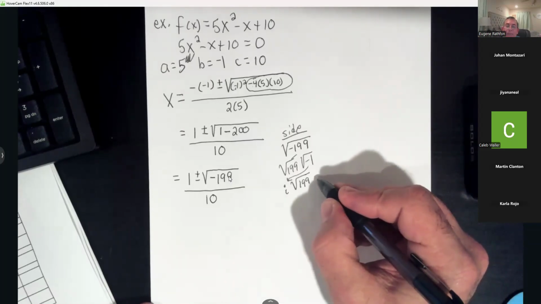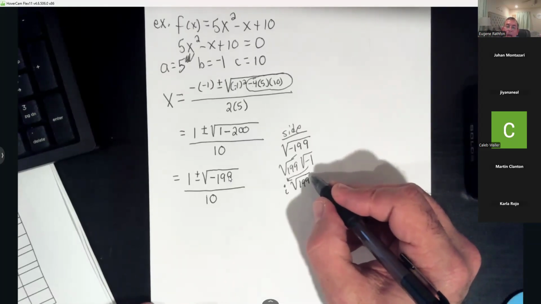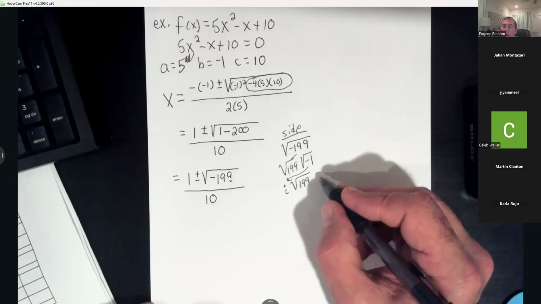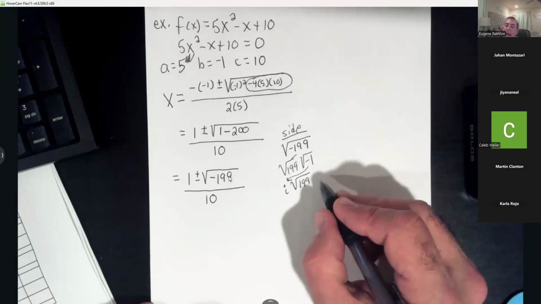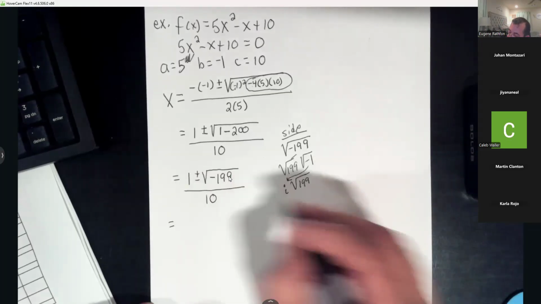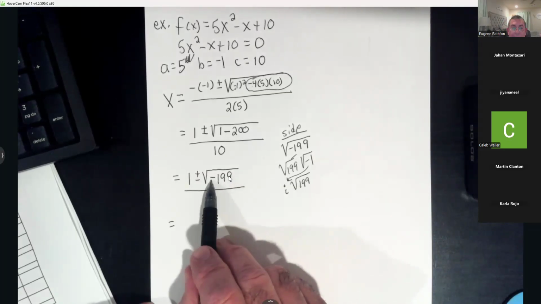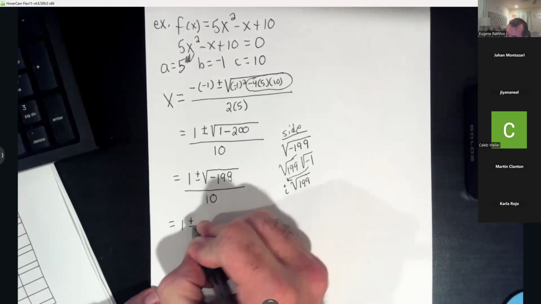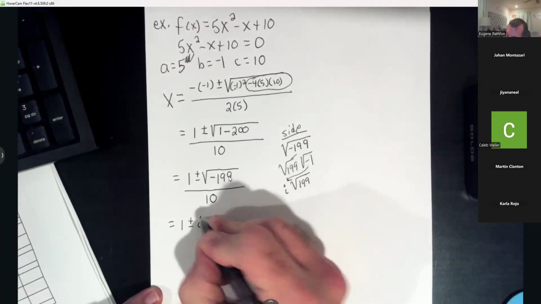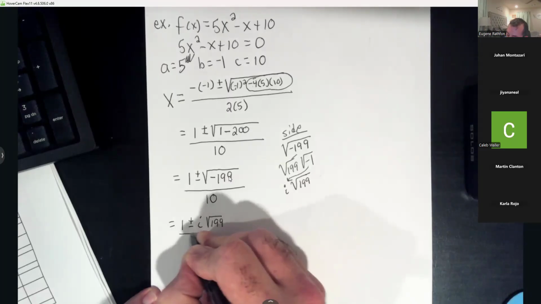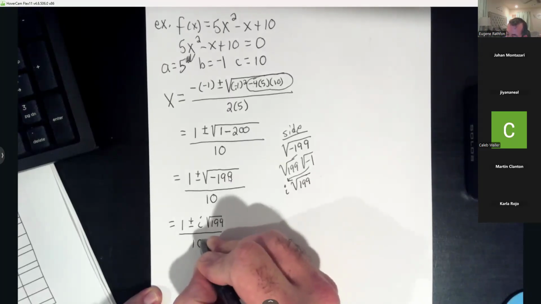You can put it after, but it cannot be under the radical, okay? So you got to arrow out of the square root before you put the I if you put it at the end. So now, replacing this with that, I get 1 plus or minus I square root of 199 all over 10.